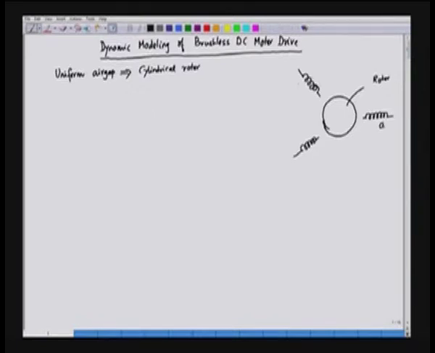So the stator phases are A, B, C and this could be star connected.